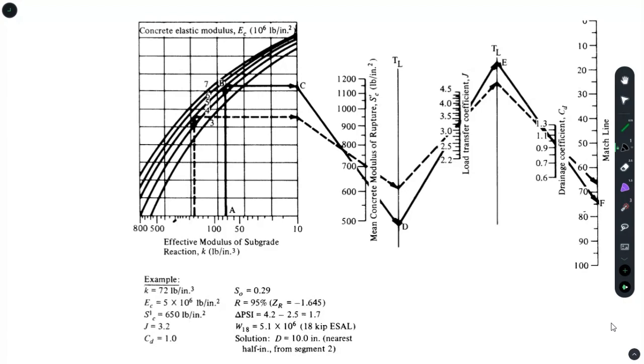So we have got our point, and you have the concrete elastic modulus. In our case, the concrete elastic modulus was 5.1 million pounds per square inch. So we can use this graph, this line right over here, and you have a value right over here, and we'll draw a line connecting these 2 points.